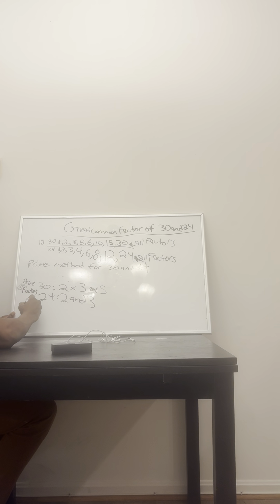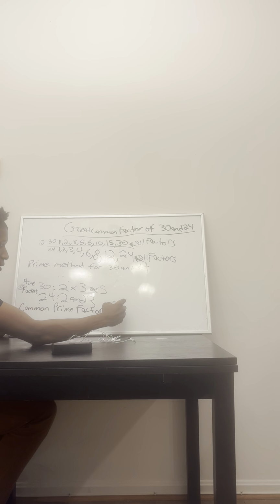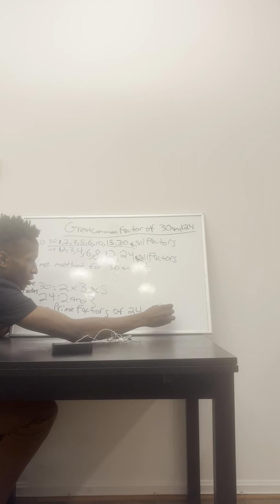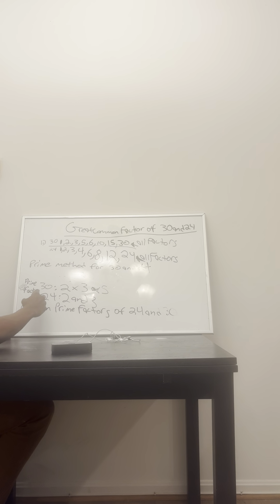Now our next step, we have to find the common prime factors. What are the common prime factors between 30 and 24? We look at the previous step of our prime factors that are already laid out. What numbers do they have in common?